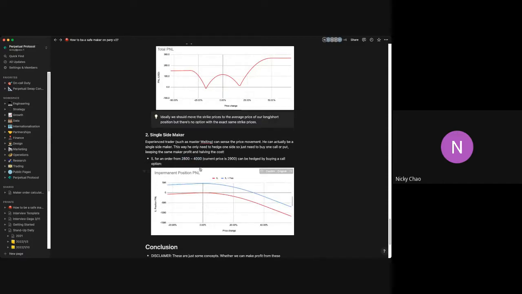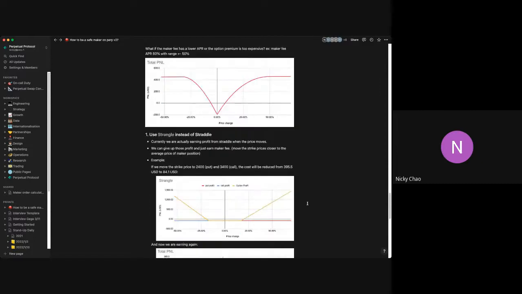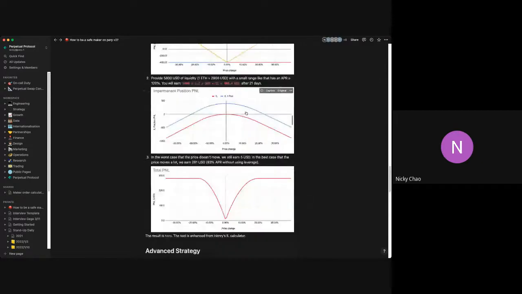With that range, the impermanent loss chart looks something like this, because when the price goes down, you are just having a very small long position. So you will not have a lot of impermanent loss here. And when the price goes up, you have the same impermanent loss as the original strategy here.